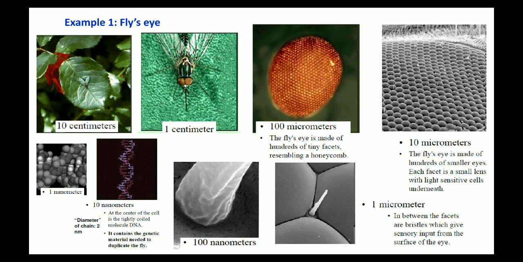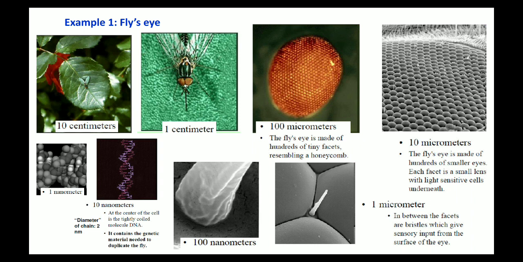At 1 micrometer you can see that in between the facets there is something present. In between the facets there are bristles, which give sensory input from the surface of the eye.